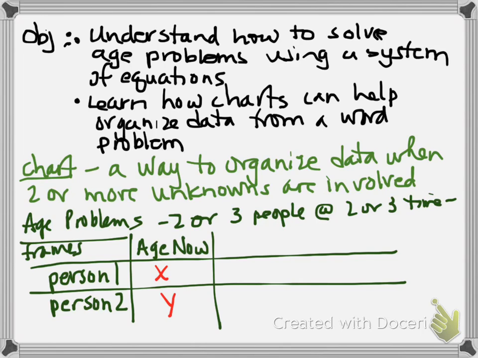People, two or three time frames. So then we're going to have one or more columns in which we're going to have age at different times.